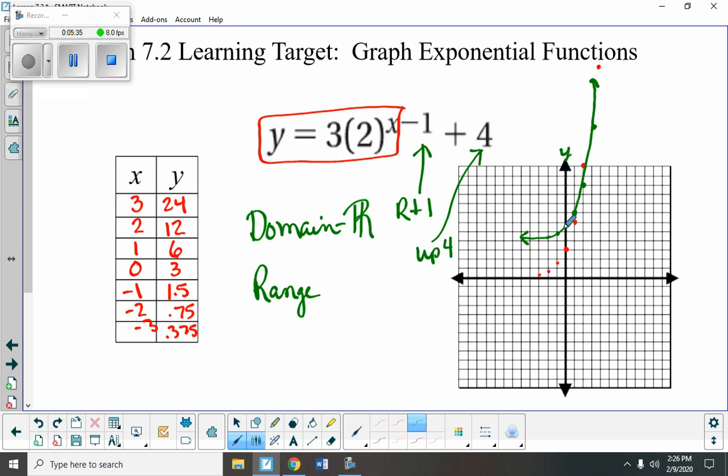You don't have any y values below 4. And so we would say that the range, your outputs, your y's are always going to be greater than 4. And this is going to have an asymptote of y equals 4. That's the line right here, the imaginary line that this graph is going to approach, but it's never going to hit.